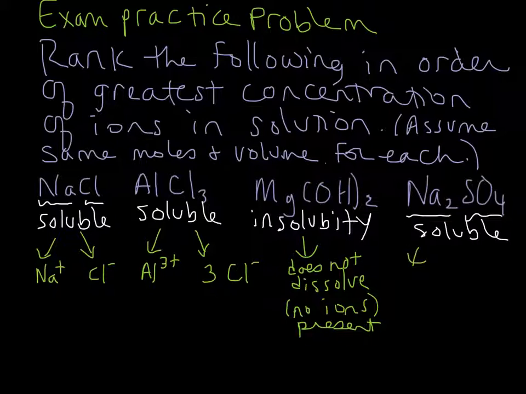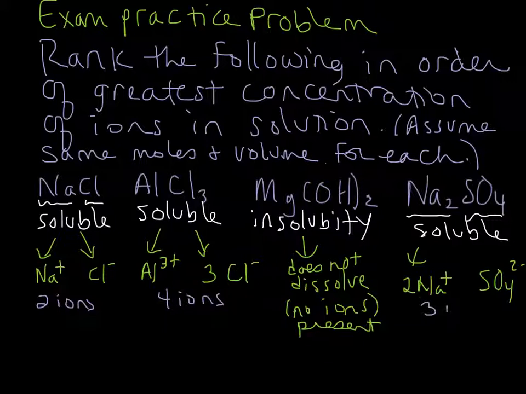This guy is going to dissolve into 2 sodium plus and 1 sulfate. Alright, so now we can go back through and count up the number of ions. Here's 2 ions, 4 ions and 3 ions.